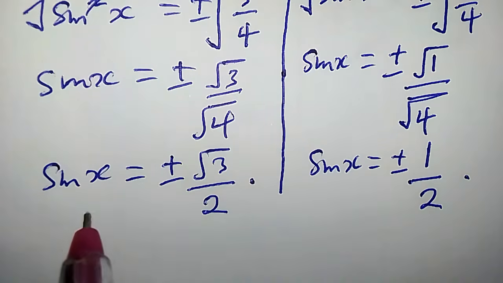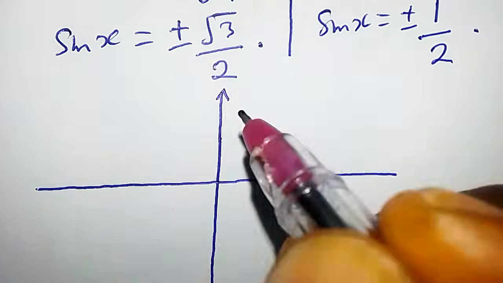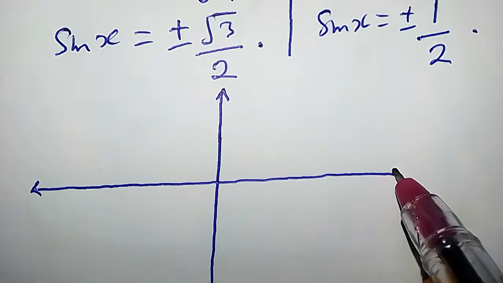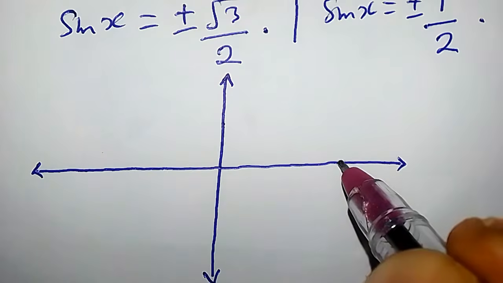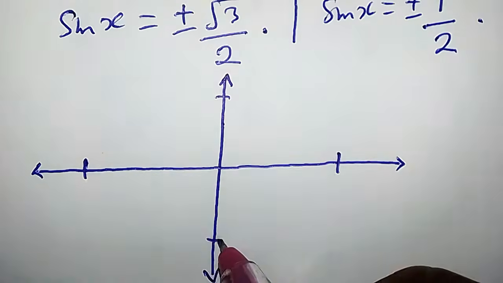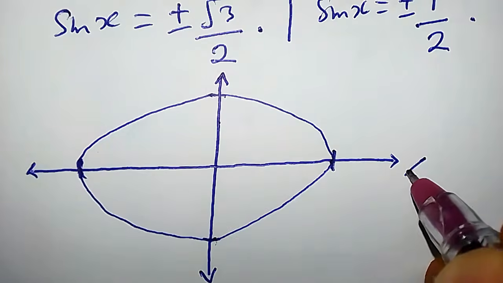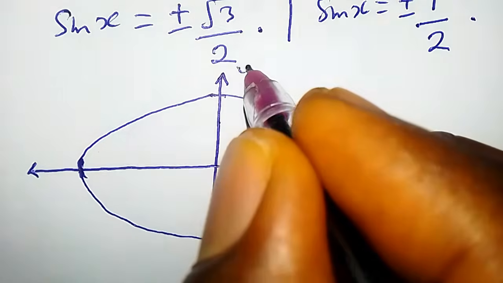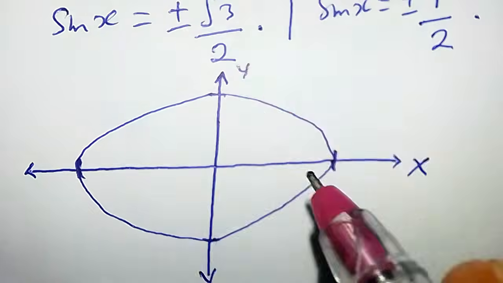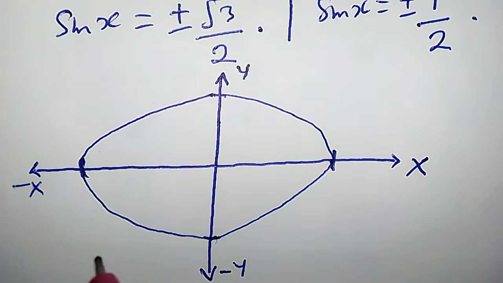Now, to actually get the values of x, let us have a coordinate plane. A coordinate plane with a unit circle. This is x-axis, this is y-axis, this side is negative y-axis, and this side is negative x-axis.